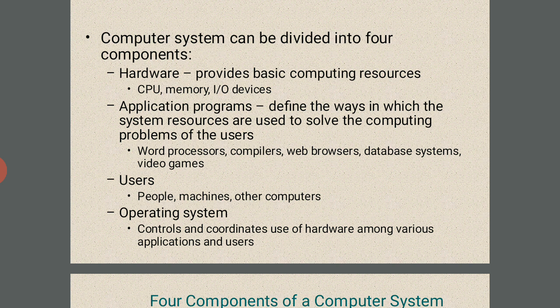Application programs define the ways in which the system resources are used to solve the computing problems of the users. The application programs are MS Word processing, compilers, web browsers, database systems, video games. These are the application programs.